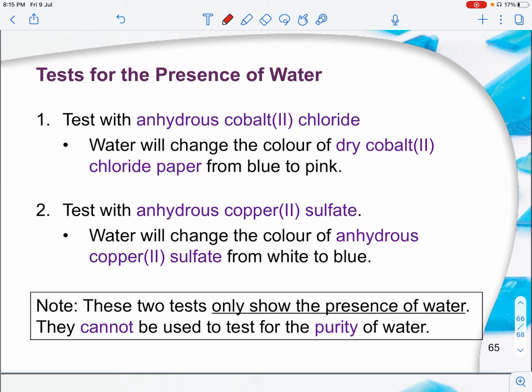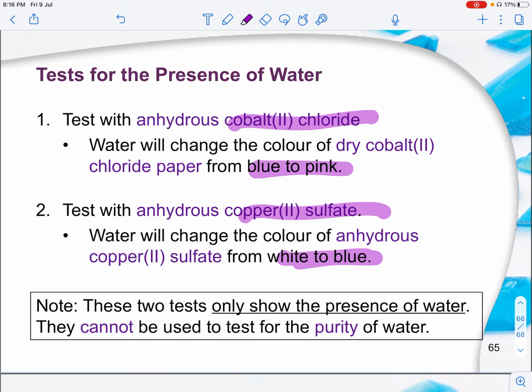The water will change the color of the cobalt(II) chloride paper from blue to pink. You can also test it with anhydrous copper(II) sulfate, in which the water will change the color from white to blue. So these are the two other tests that you need to be familiar with.